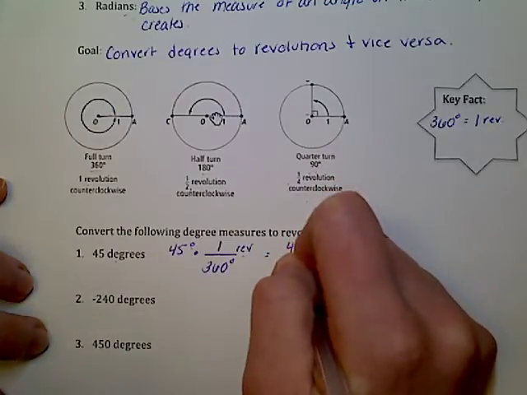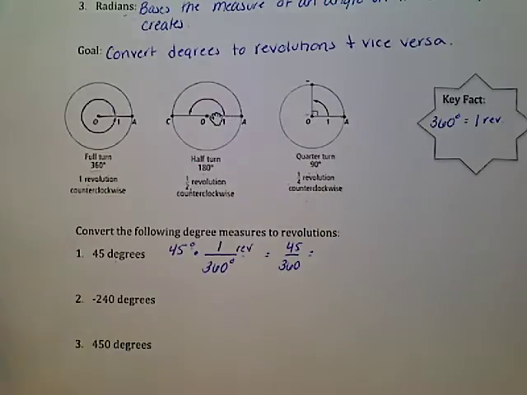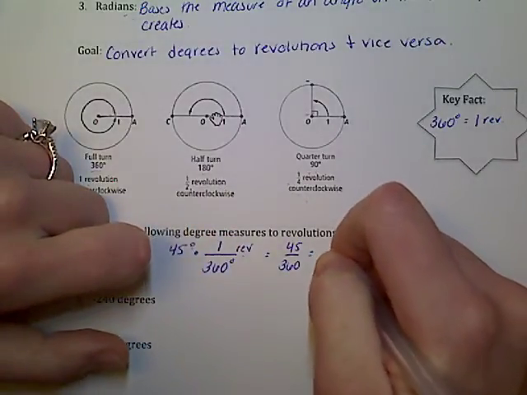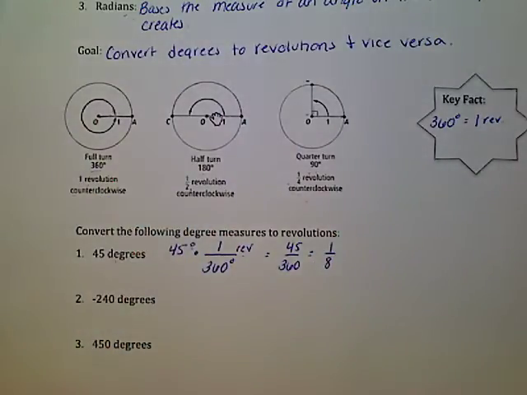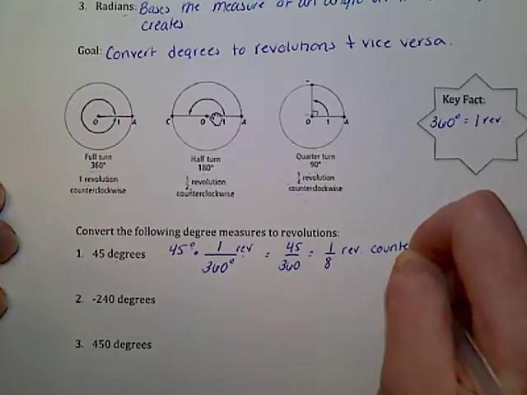That's 45 out of 360, which is going to reduce to, oh goodness, 1/8. Okay, so that would be 1/8 revolutions counterclockwise.